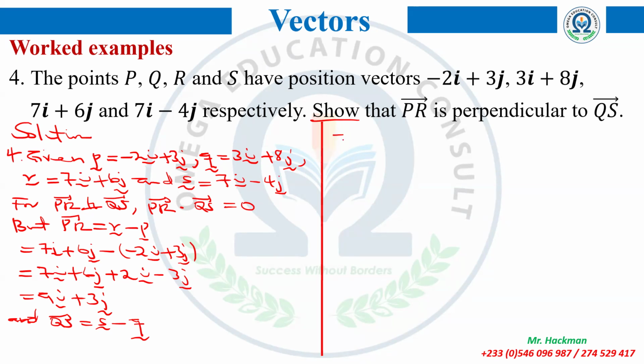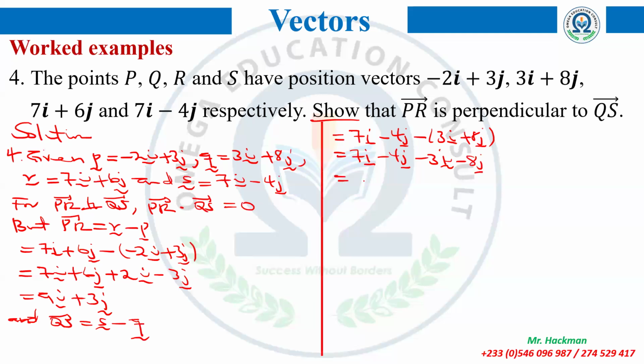So this will be equal to, what is S? S is 7i tilde minus 4j tilde, then minus your Q. And Q, you put it in brackets, is 3i tilde plus 8j tilde. Which will give us 7i tilde minus 4j tilde, minus 3i tilde, then minus 8j tilde.